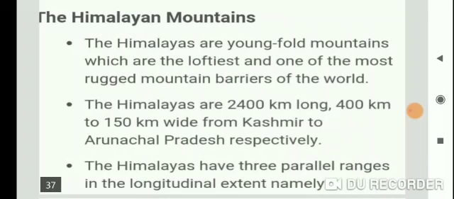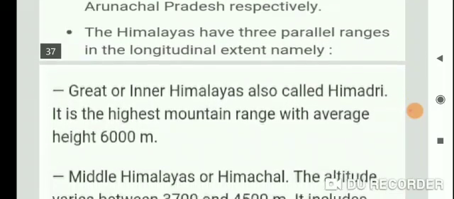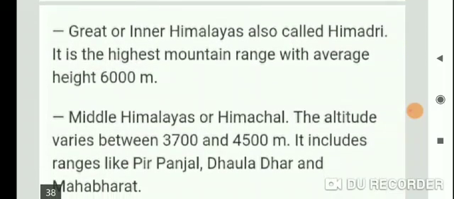The Himalayas have three parallel ranges in the longitudinal extent, namely: Great or Inner Himalayas, also called Himadri, the highest mountain range with average height 6000 meters; and Middle Himalayas or Himachal, where the altitude varies between 3700 and 4500 meters. It includes the ranges like Pir Panjal, Dhauladhar and Mahabharat.